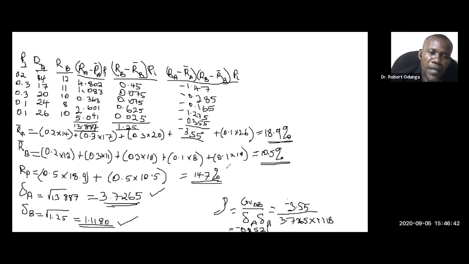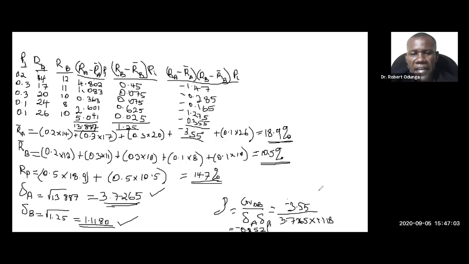Now, the other last thing is how to determine the risk of the portfolio. What's the formula for the risk of a portfolio? You'll allow me to erase some of this area, because now we don't need these tables. We only need to work with these figures.